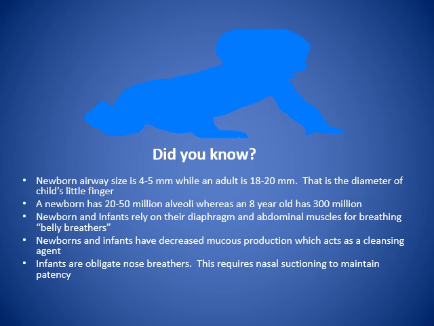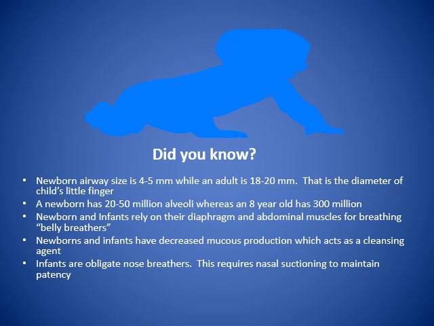A newborn, just to let you know, their airway size is about 4 to 5 millimeters, while an adult airway is 18 to 20 millimeters. That's a big difference. If you think about it, that's the diameter of a child's little finger. A newborn also has 20 to 50 million alveoli, where an 8-year-old has 300 million.